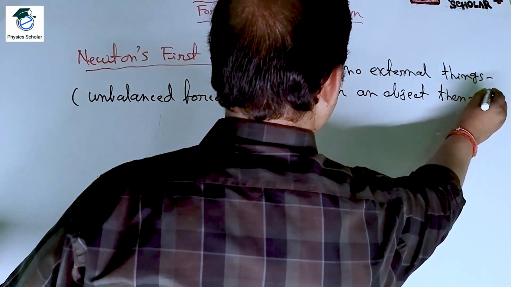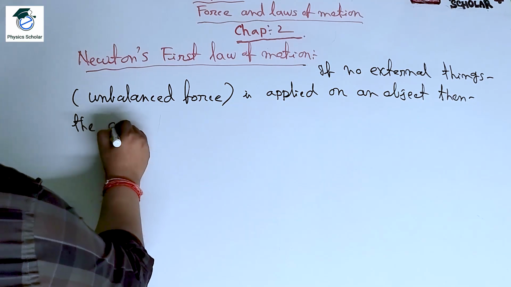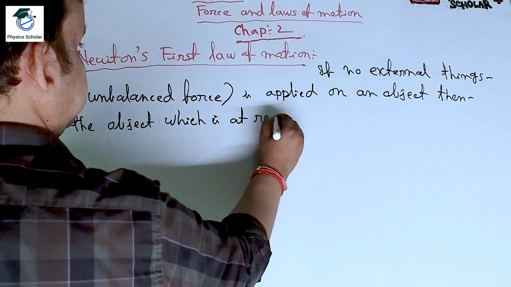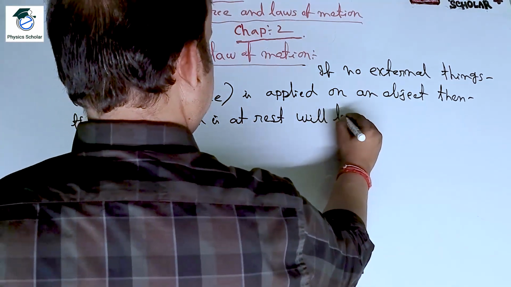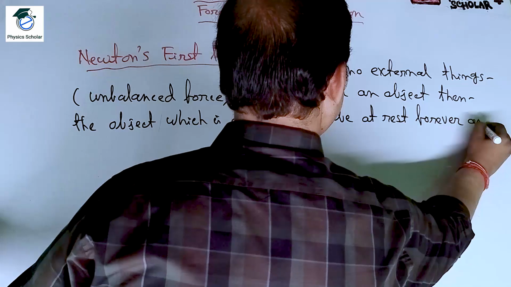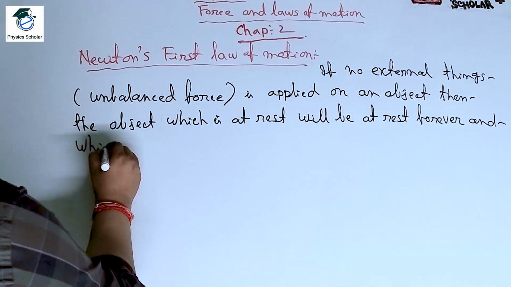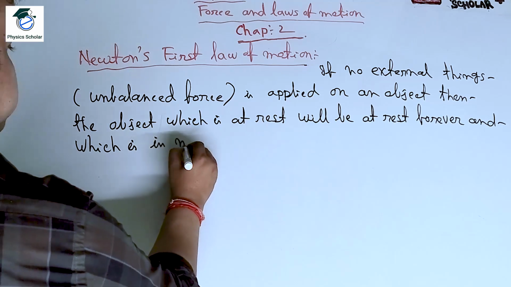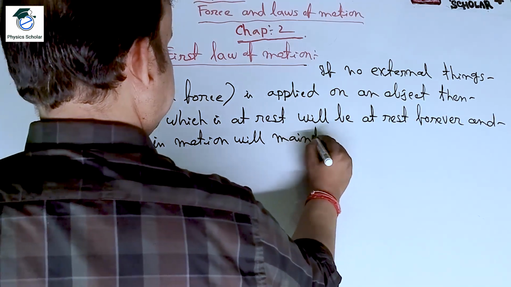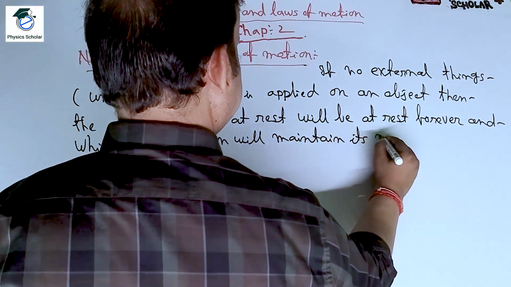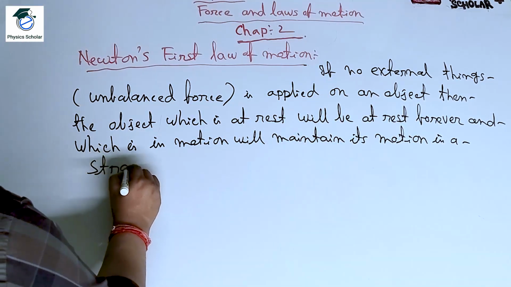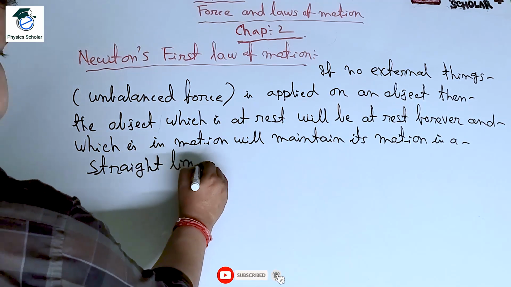then the object which is at rest will be at rest forever, and which is in motion will maintain its motion in a straight line forever.